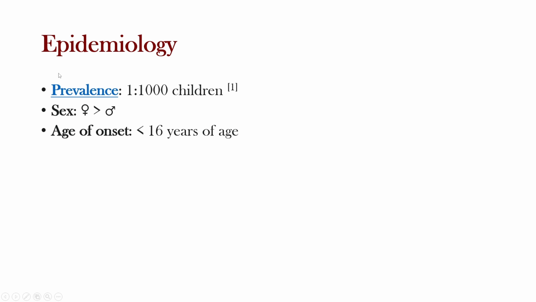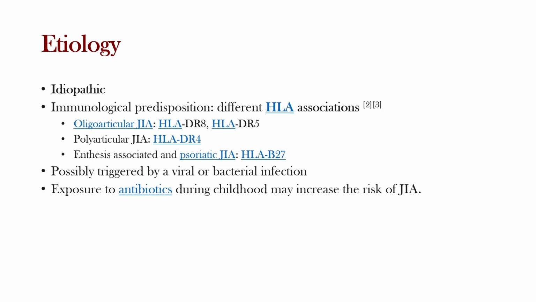For the epidemiology, the prevalence is 1 per 1,000 children. It affects females more than males, and the age of onset is less than 16 years, as we mentioned earlier. The etiology, we said, is idiopathic, which means we don't know the cause. There is an immunological predisposition, with different HLA associations depending on the type.